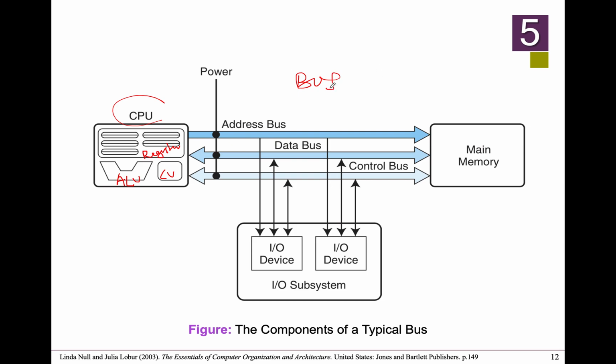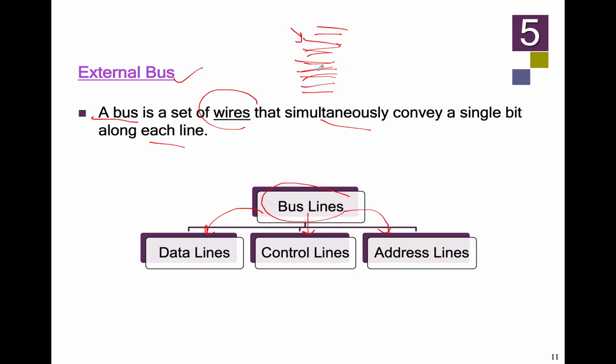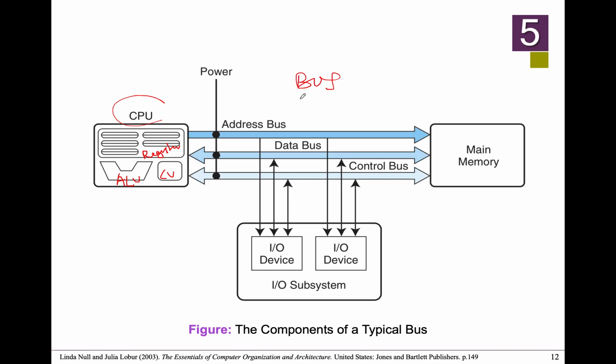But the bus has several types: data line, control line, and address line.